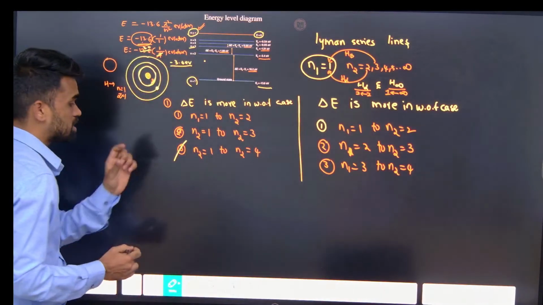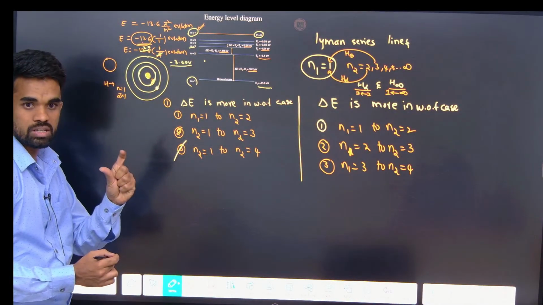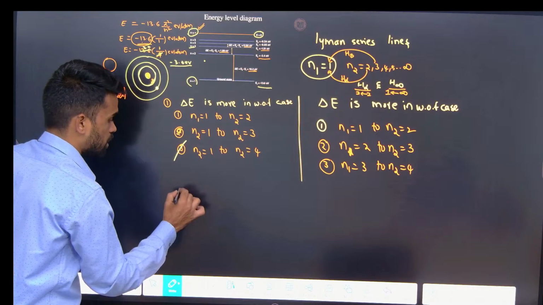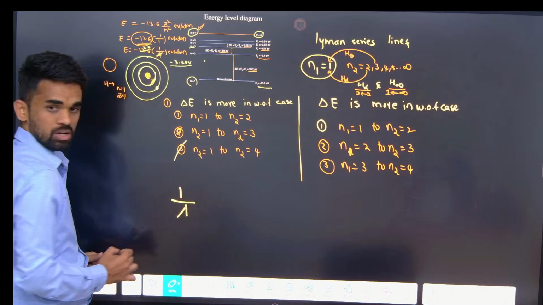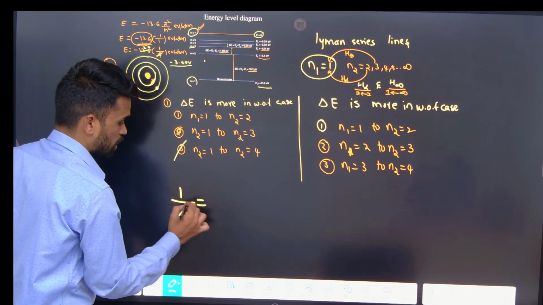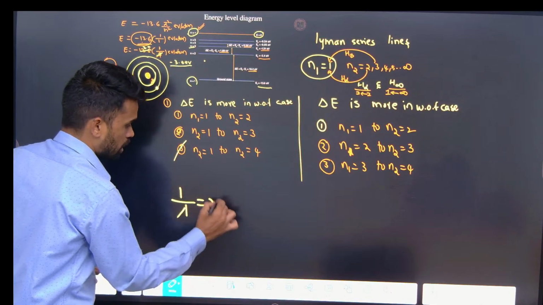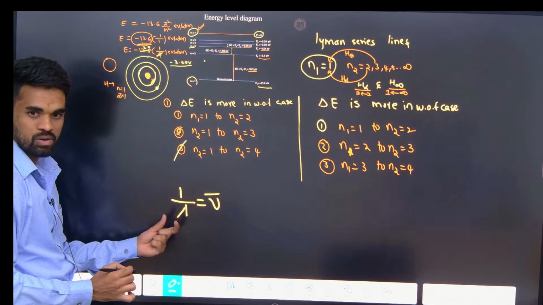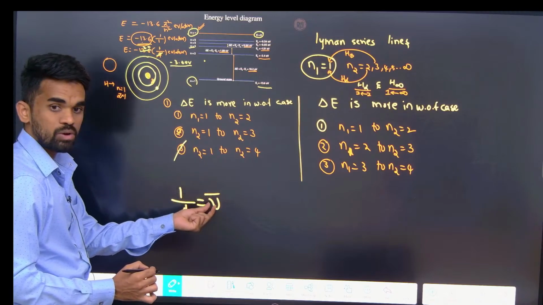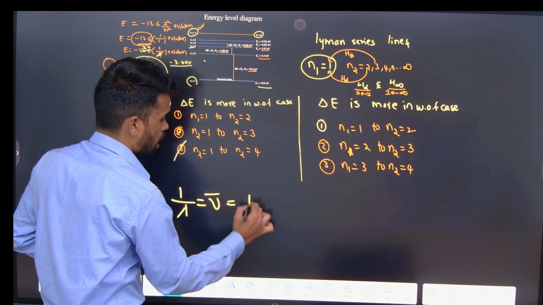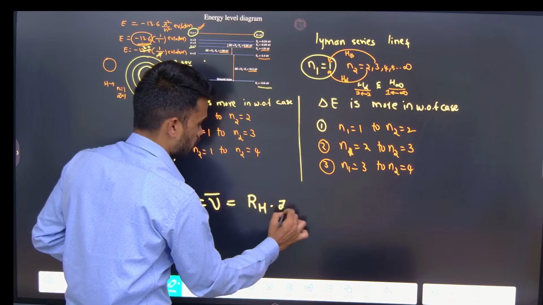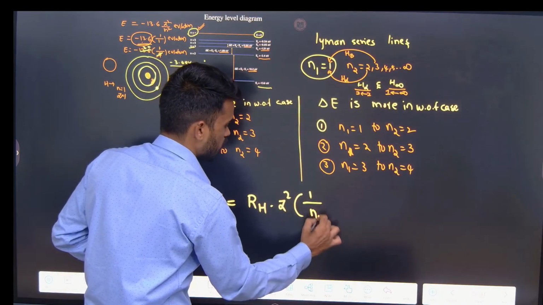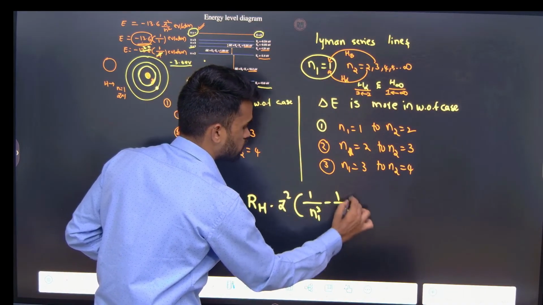Now there is something called Rydberg's equation, to calculate the wave number or wavelength. 1 by lambda, where lambda is wavelength. 1 by lambda is called wave number. So this equals R_H Z square (1 by N1 square minus 1 by N2 square).